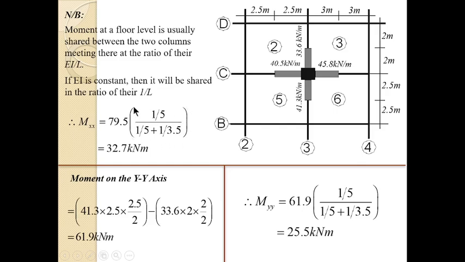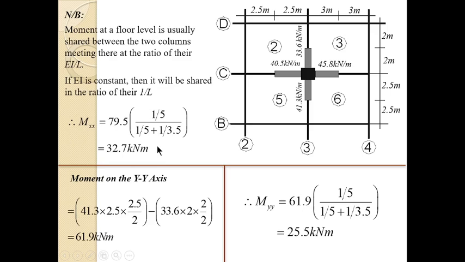That gives you a fraction that you multiply by the moment at that point. Once you multiply, you have 32.7 kilonewton meters. That is the moment acting on the ground floor level that we are considering.